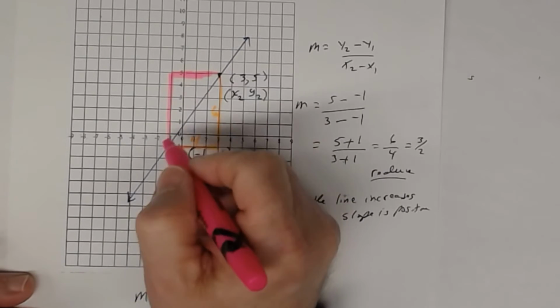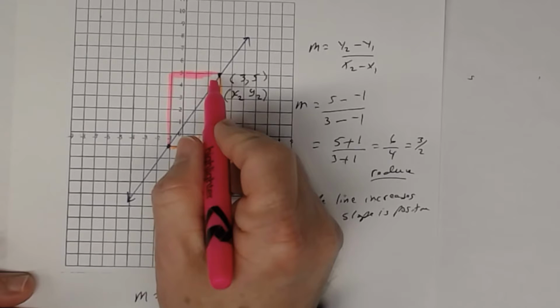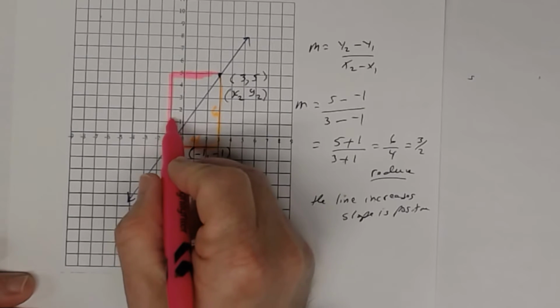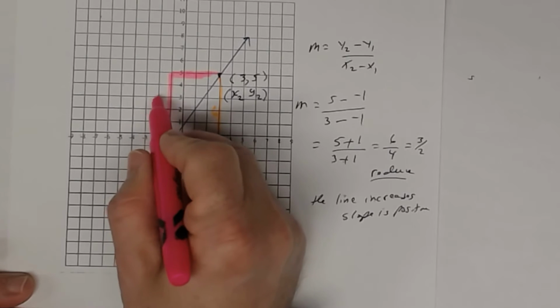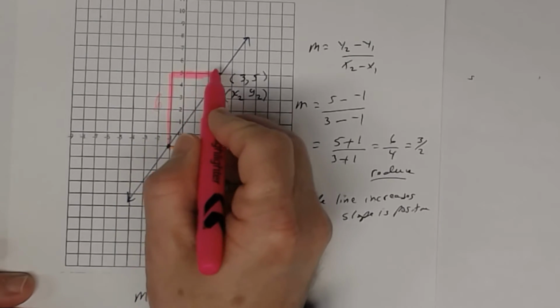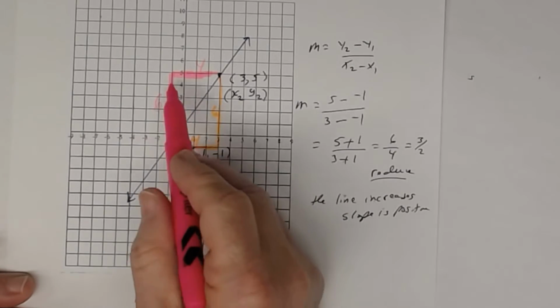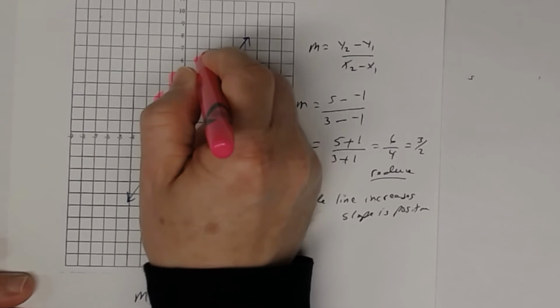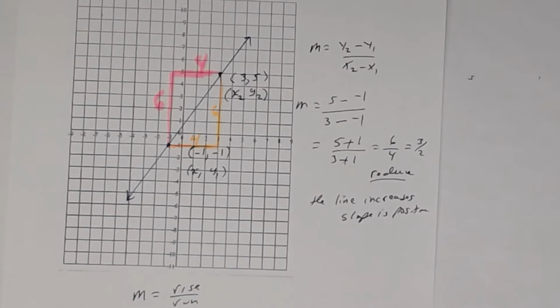It does not matter whether you start here or here. It does not matter. All right, so if you start here, notice I'm going 1, 2, 3, 4, 5, 6. And then to the right, I'm going 1, 2, 3, 4. Okay? So notice rise, run, 6 fourths. See that? 6 fourths.